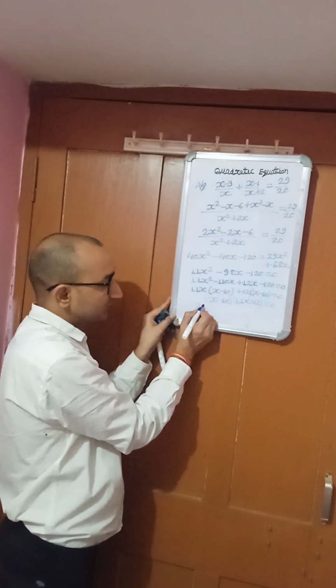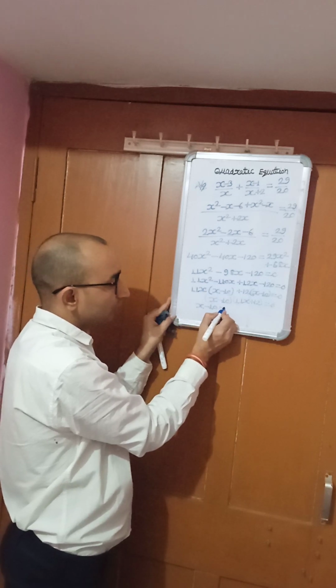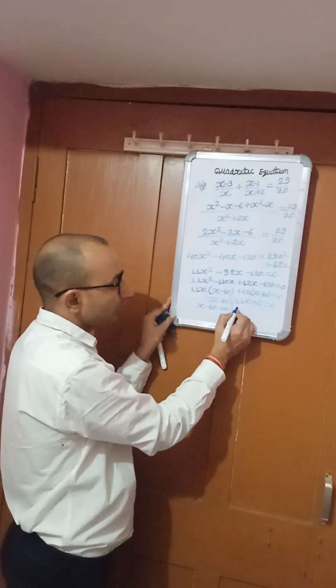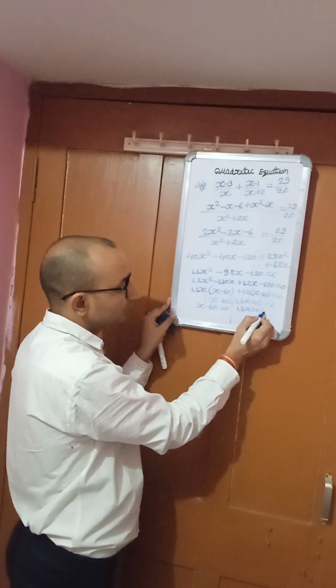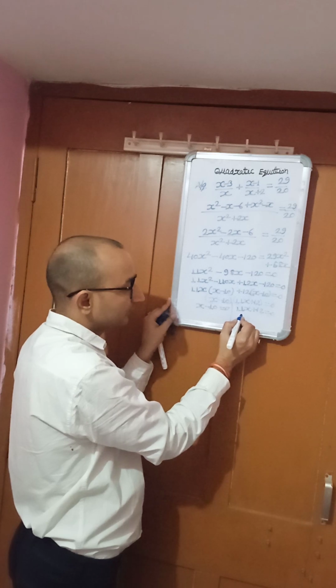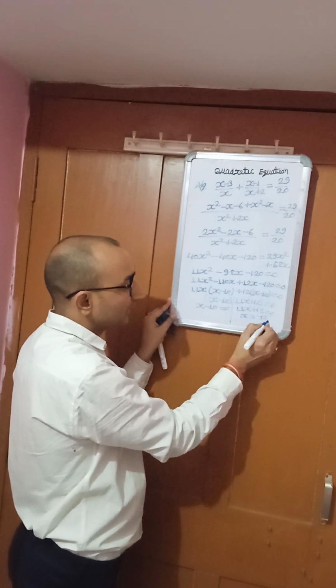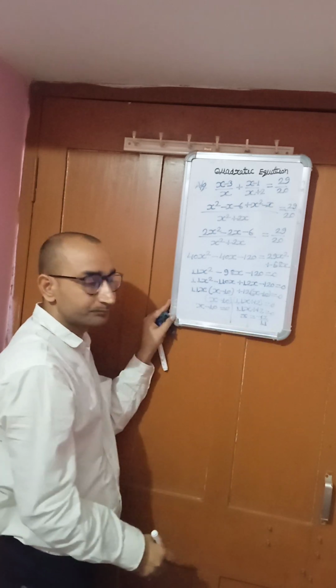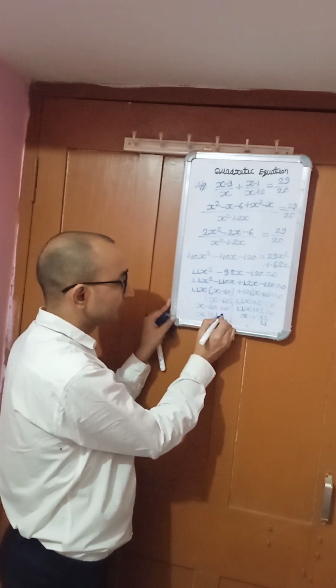So x minus 10 equals 0 and 11x plus 12 equals 0. This gives x equals minus 12 by 11 and x equals 10.